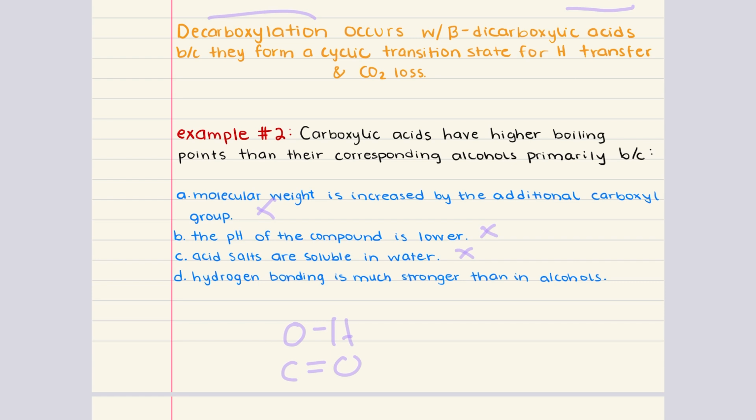And this dimerization significantly increases the strength of intermolecular interactions and consequently raises the boiling point compared to alcohols, which form only single hydrogen bonds. So that means the correct answer here is D.